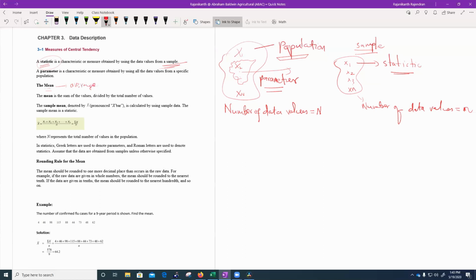Simply you will add all the numbers and divide by 10, right? Exactly the same thing here. For the sample mean, we use x bar. So x bar is nothing but the sample mean. That means you are simply finding the average from the sample data values.